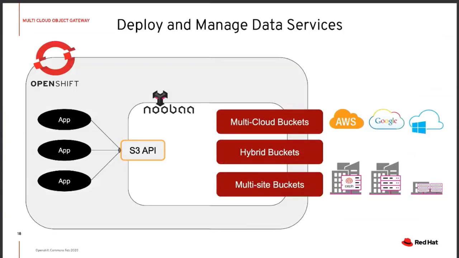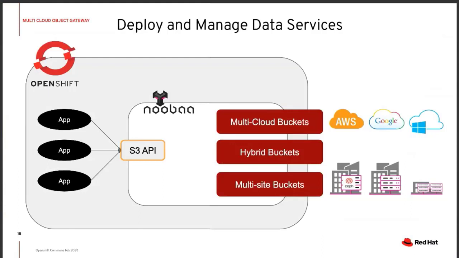This is more, from a graphical perspective, what it looks like. So we have an OpenShift cluster. There are 3 different applications here that all talk to the same S3 API, provided by Noobaa, I should say. So Noobaa provides the S3 API, and the data that actually gets into this API can end up in multi-cloud buckets.